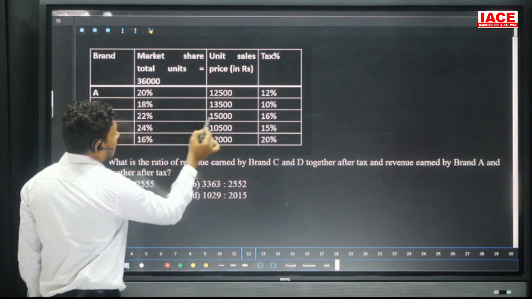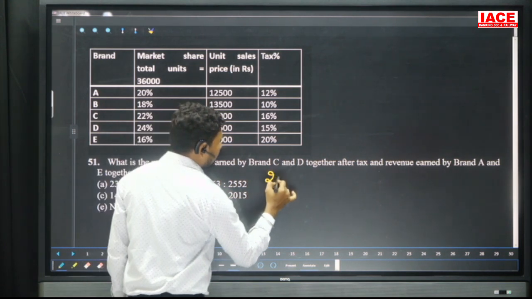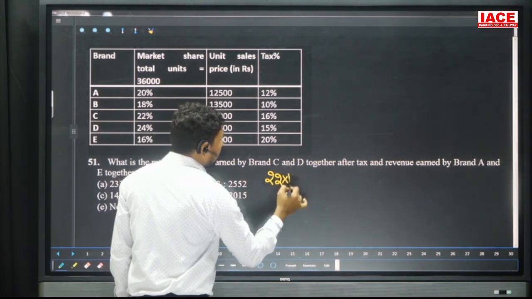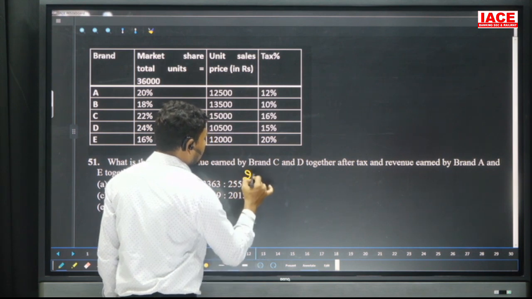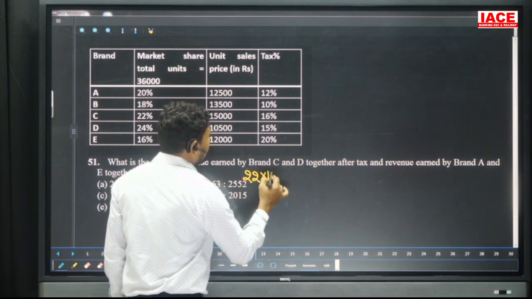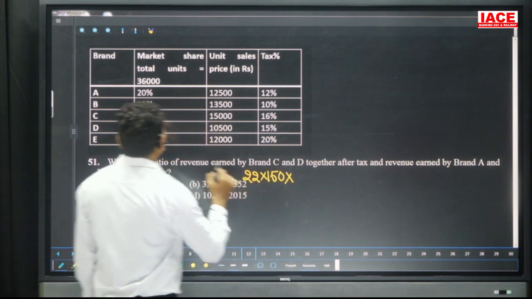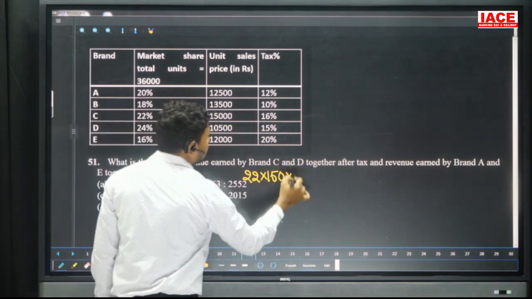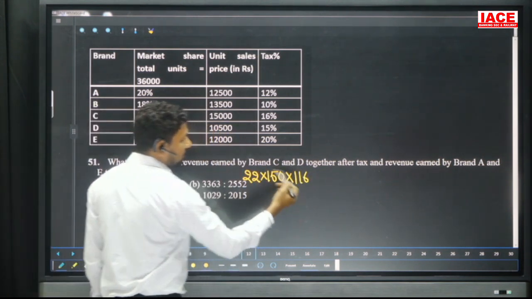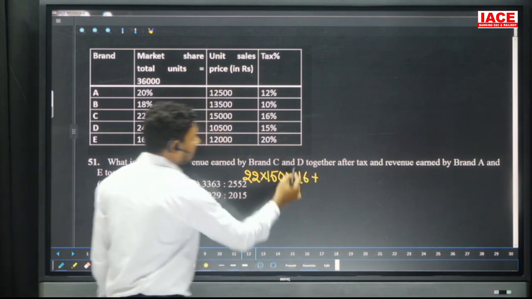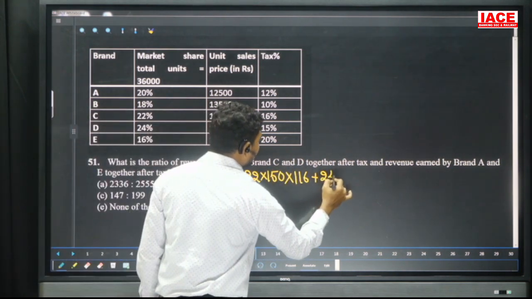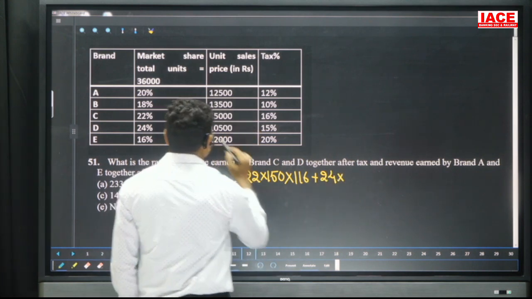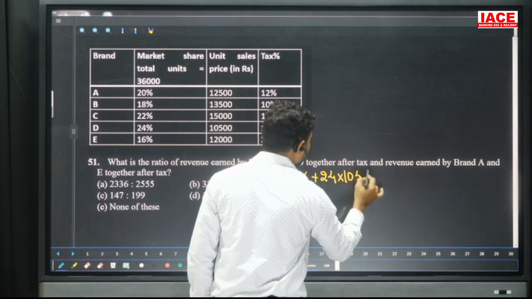22 percent of 150, 22 into 150, and we need C 116 because including tax, 116 plus, and D also, D is 24 into 105 percentage wise, 2 zeros cancel.